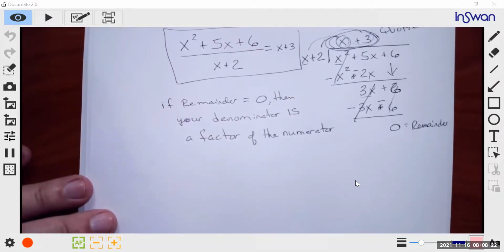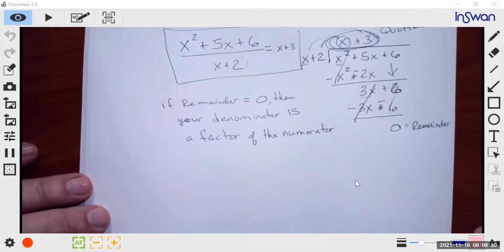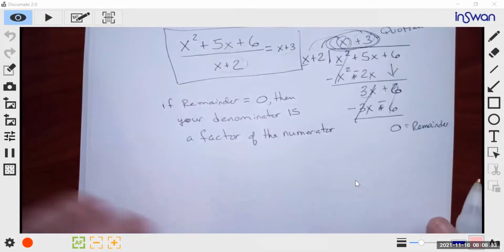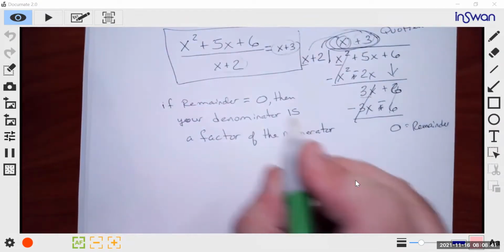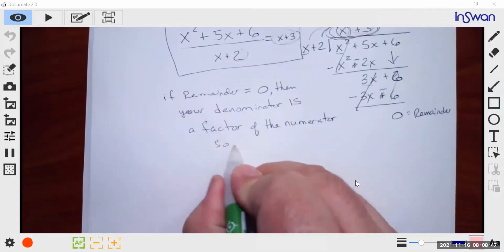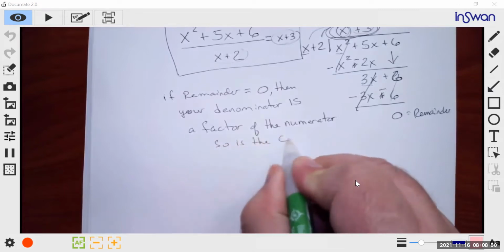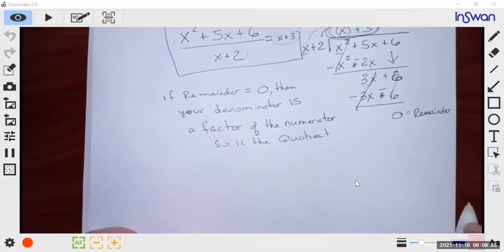When you do division, if the remainder is 0, then whatever's on the bottom is a factor of what's on top. And that's the answer. The quotient is also a factor. In this case, if the remainder is 0, the denominator is a factor, and so is the quotient, the answer. So far, so good.